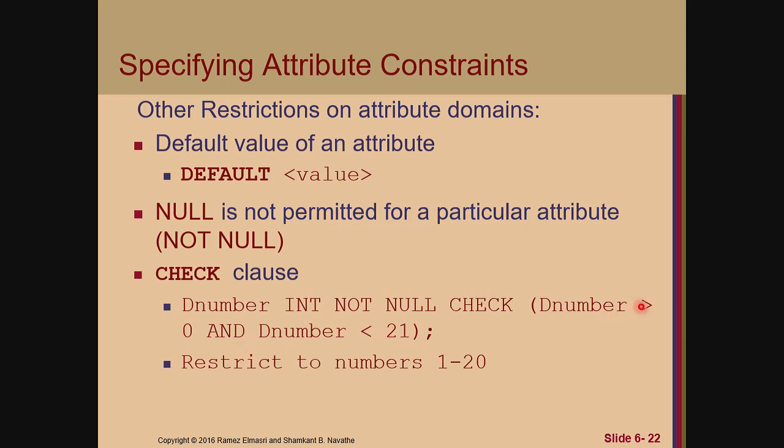So this is quite a specific constraint for your business. You can add this check in your command when you create the table, and also restrict the number to 1 to 20. Right? Okay, so we can add a lot of details for the table command.